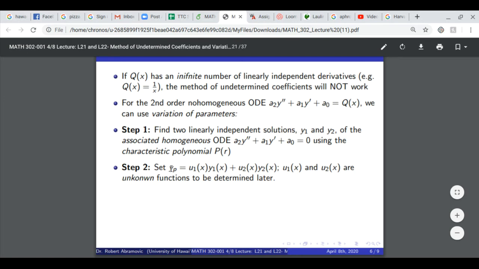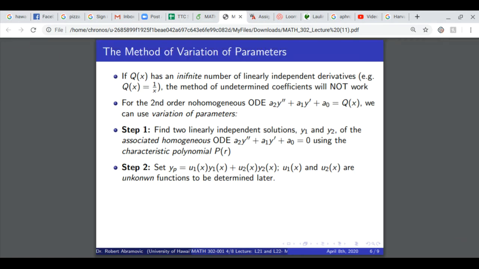Next, we're going to set up a particular solution. It's similar to the method of undetermined coefficients in the sense that we set up a form of the particular solution. In this case, however, instead of just looking like q of x and its linearly independent derivatives, or maybe x to a power times a term in q of x and its linearly independent derivatives, it looks like u1 of x times y1 of x plus u2 of x times y2 of x.